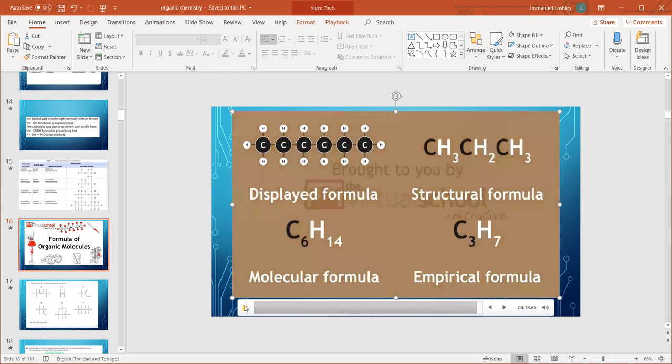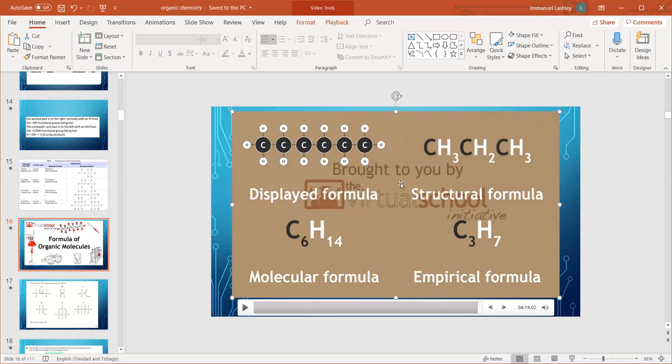Alright, so basically what this is telling us is that there are different ways of representing an organic compound, right?